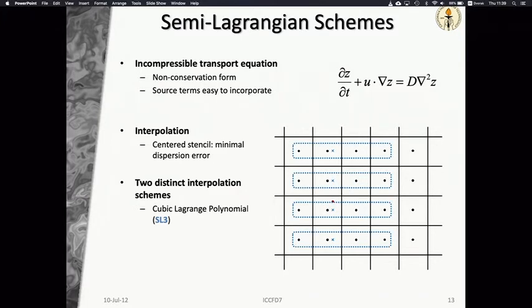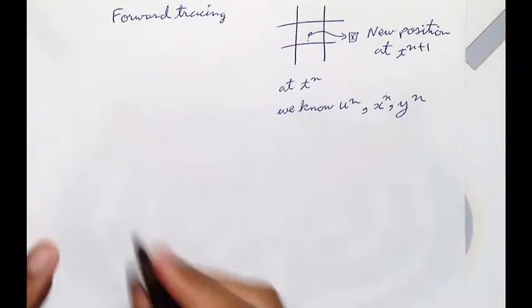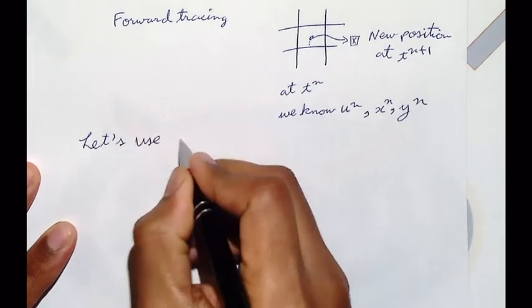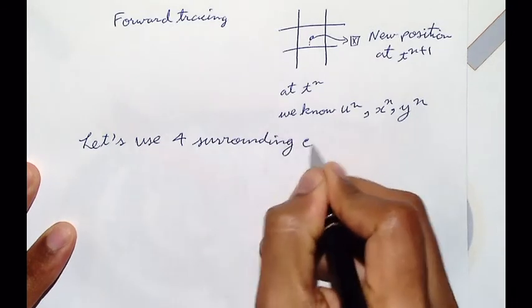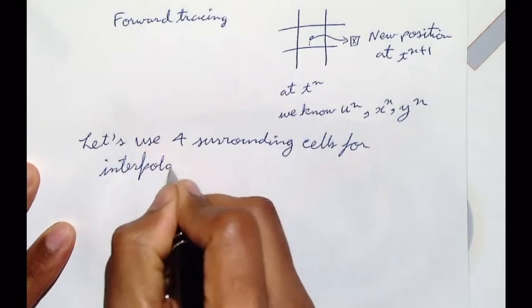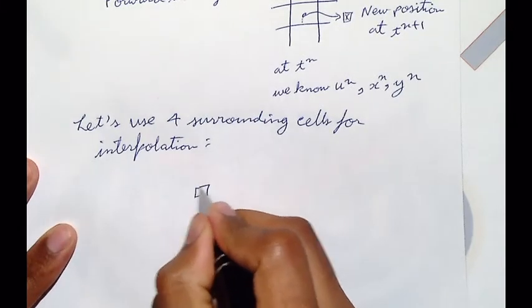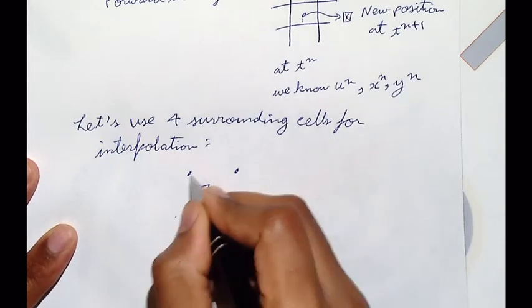All right, let's do a simple interpolation here. Let's use 4 surrounding cells for interpolation. What is one thing that you can think of to do if I give you this location and temperature at the surrounding nodes?